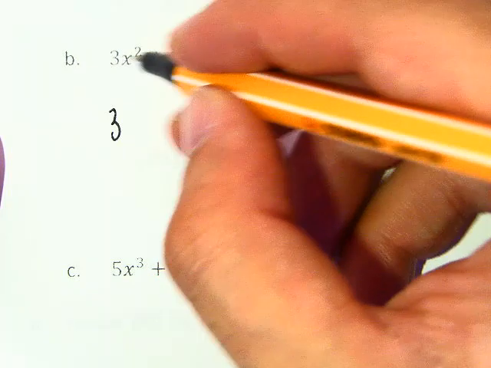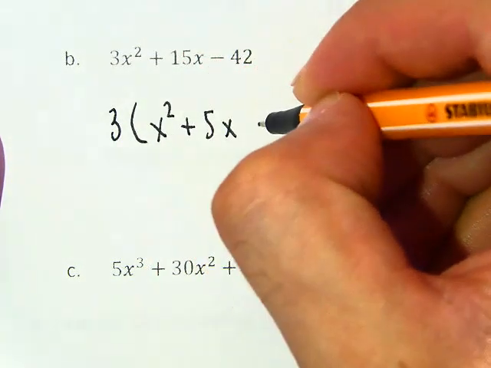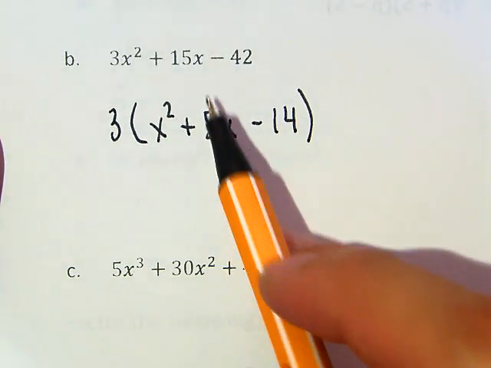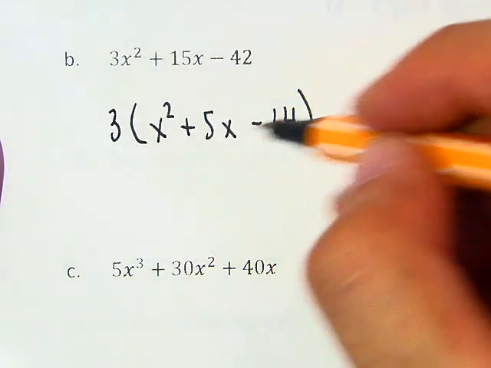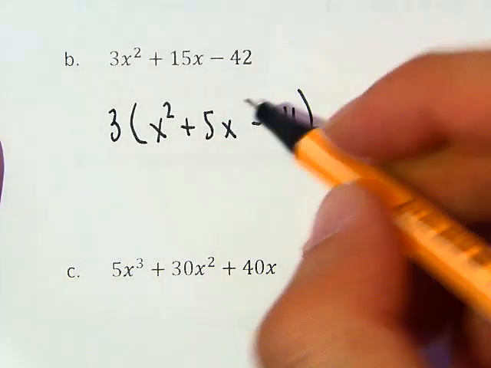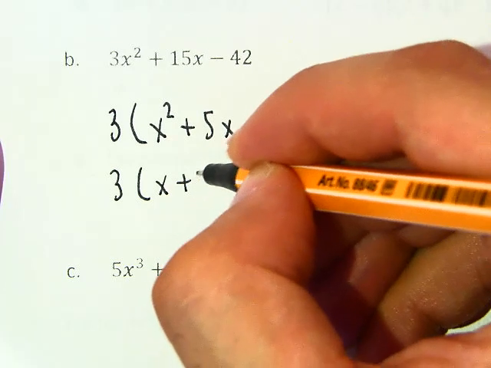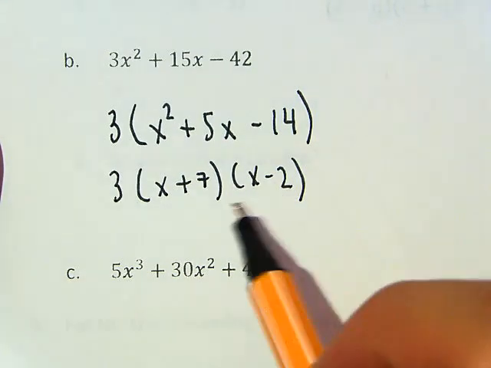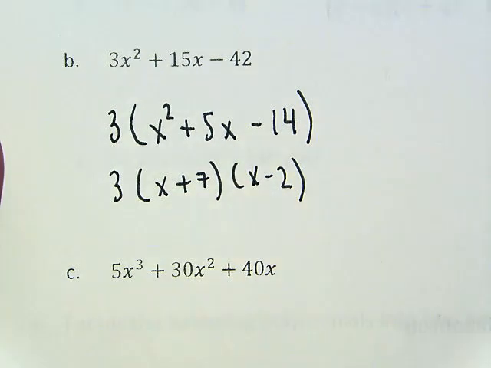And if I divide each of these by 3, I get x squared plus 5x minus 14, right? Because 3 times minus 14 is negative 42. And then can you factor this again? Pause the video and try and factor this. How does it factor? It should be this, because 7 times negative 2 is negative 14, and 7 minus 2 is 5.